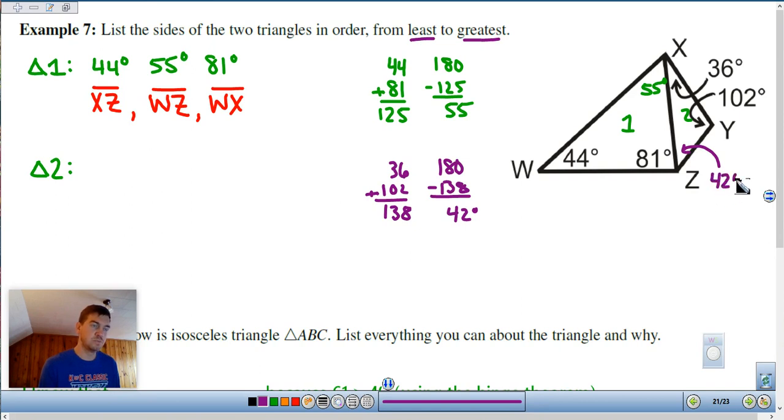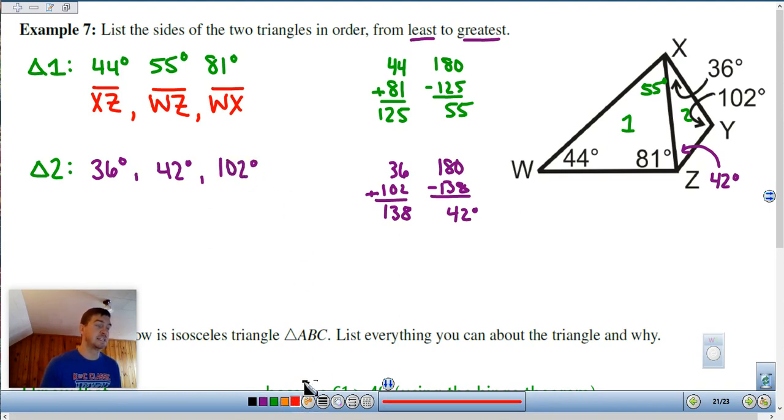Okay, so in order from smallest to largest angles in triangle XYZ, we have 36, 42, and then 102.